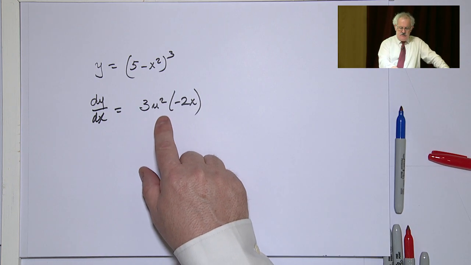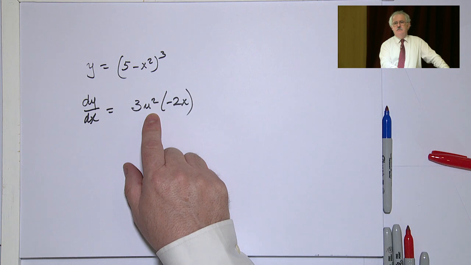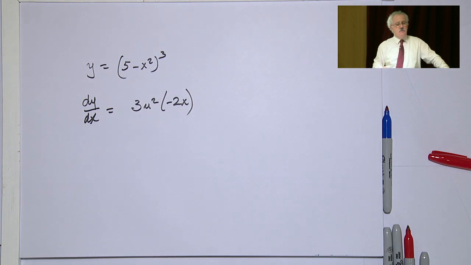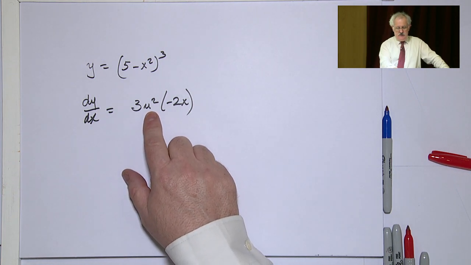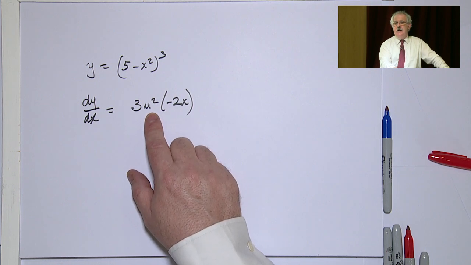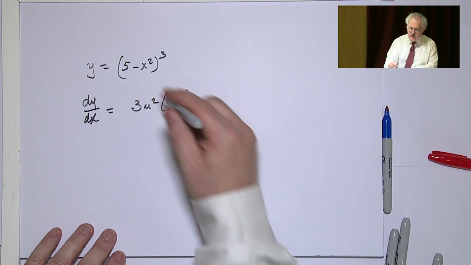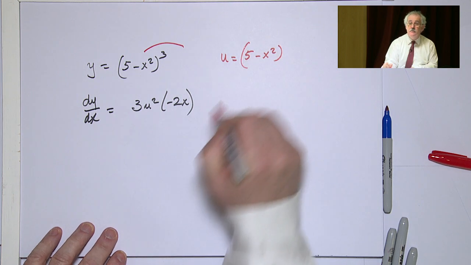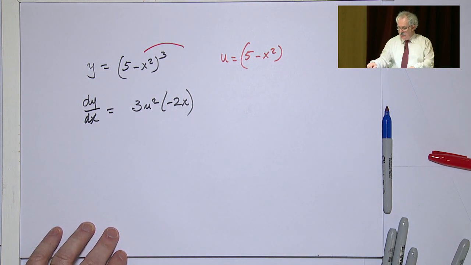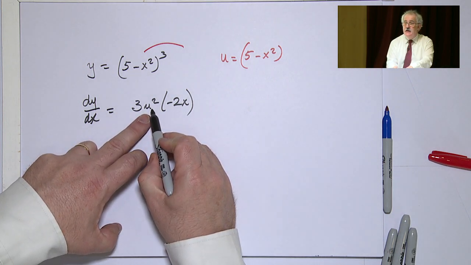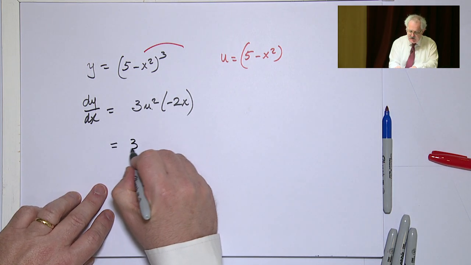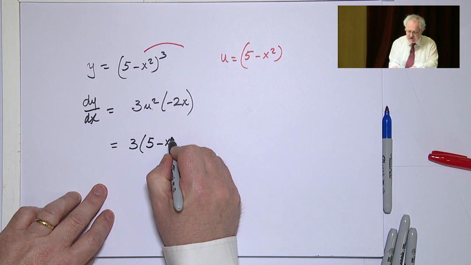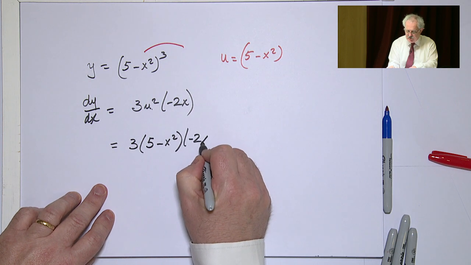Because the first thing they're going to say is, what's this thing about u? I made it up. Well, don't make it up, because I didn't ask you about u. But do we know what u was? Wasn't u 5 minus x squared? So now, substituting back in for u, it's 3 times 5 minus x squared, all squared, times minus 2x.